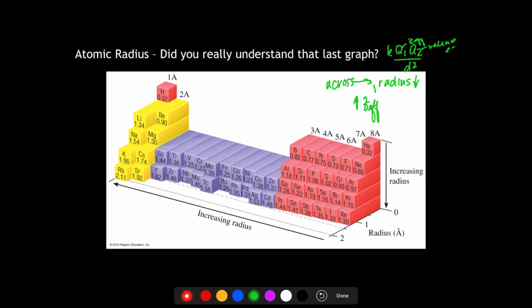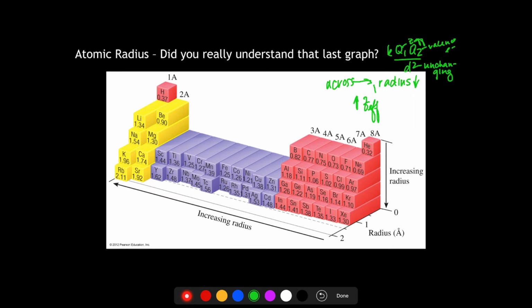Obviously there are exceptions, but approximately the same, which means that this is unchanging as we go across a period. So going across the period, distance does not change appreciably because we're adding electrons to the same shell, but Z effective increases and the number of valence electrons increases, which means that the force of attraction increases based on Coulomb's law.